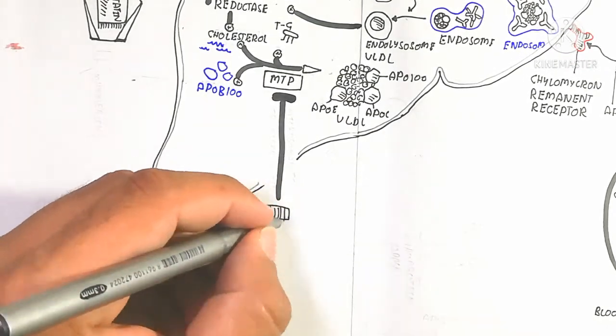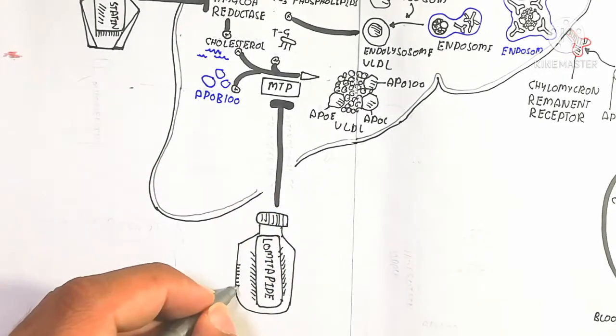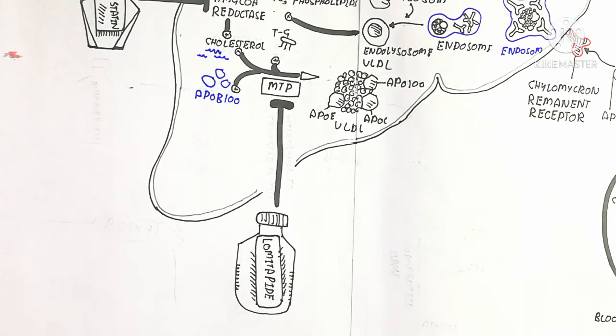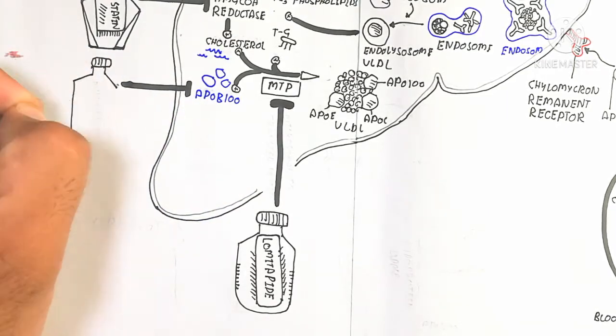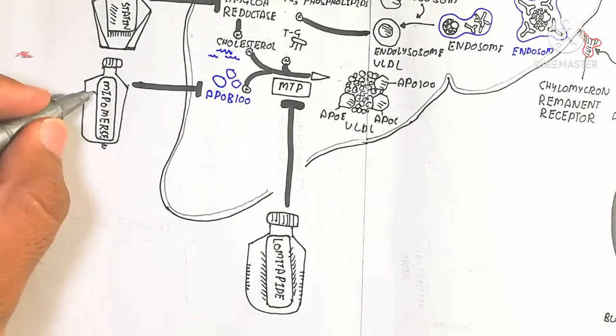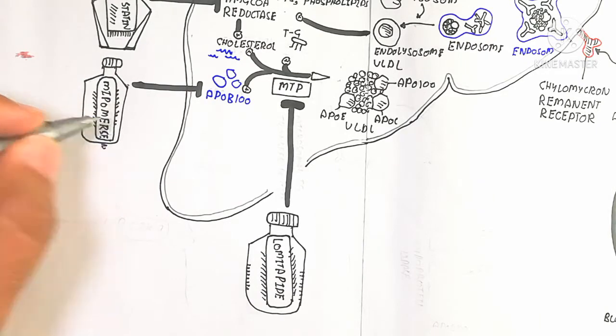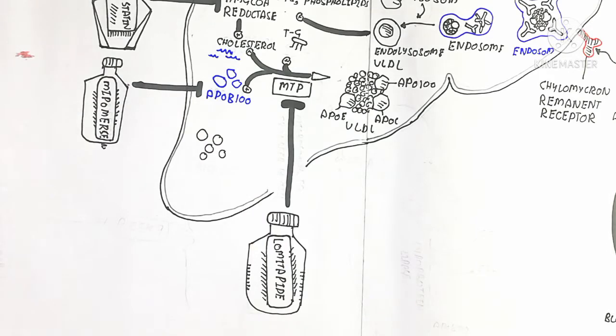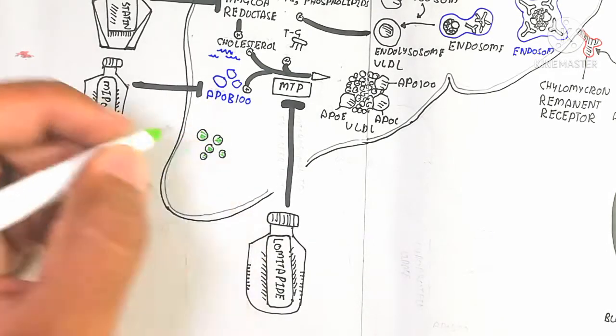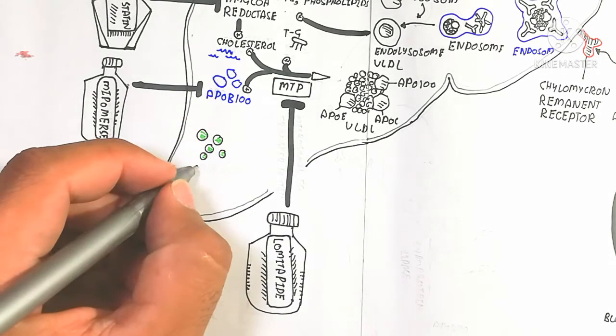The MTP inhibitor is lomitapide, a drug that inhibits MTP to prevent the production of low density lipoprotein, so the LDL will decrease.